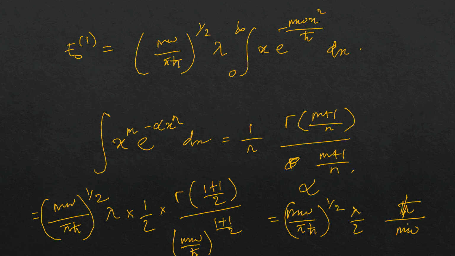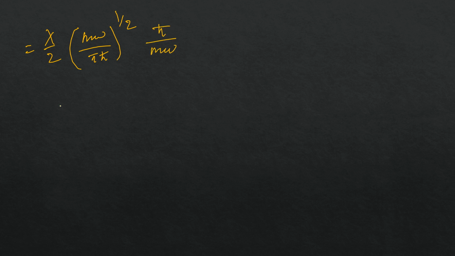So if I simplify it, if I write it again this way, lambda by 2 (m omega by pi h squared) to the power half, h squared by m omega. So if you see, I'll just simplify it a bit.